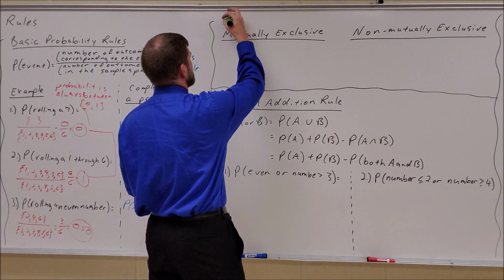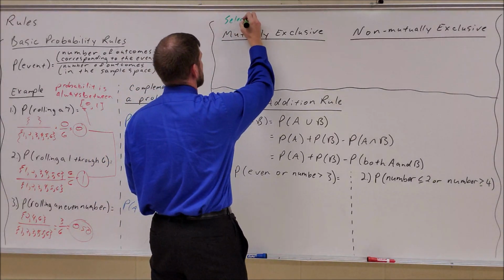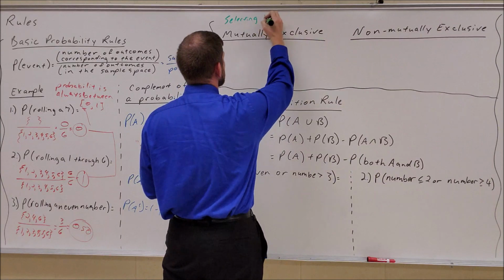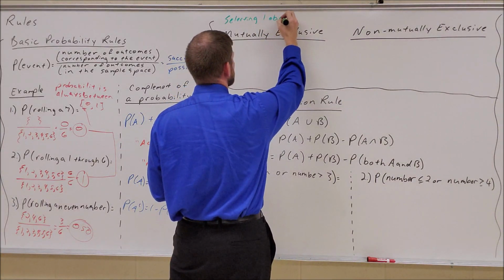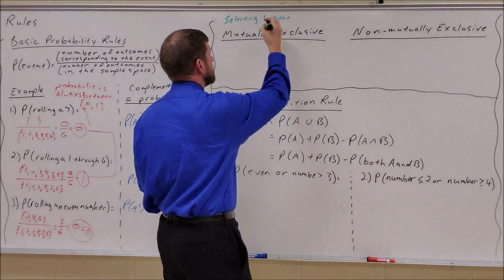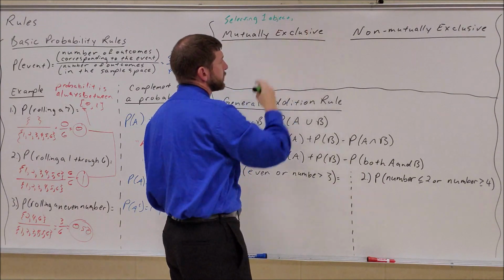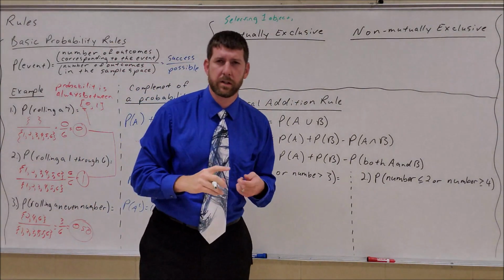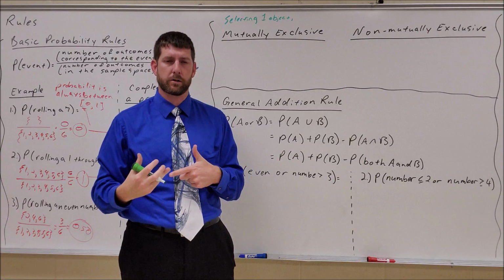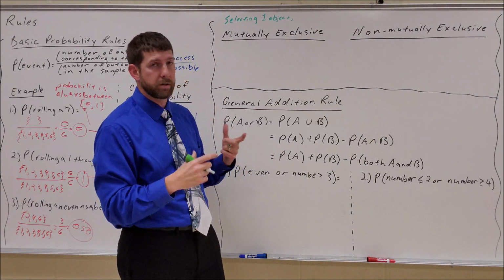So, mutually exclusive and non-mutually exclusive. That means that we're selecting one item or object or person, or we're doing one thing. And what we're trying to do is, after we've done that one thing, we're trying to see how many characteristics that object belongs to.